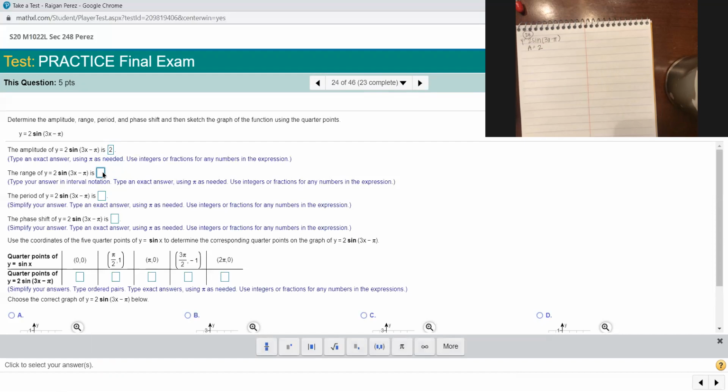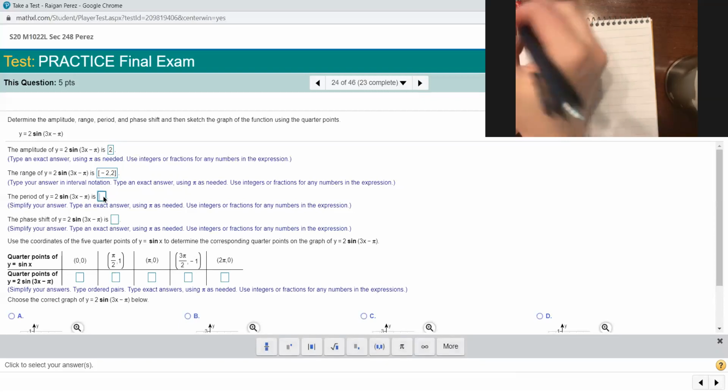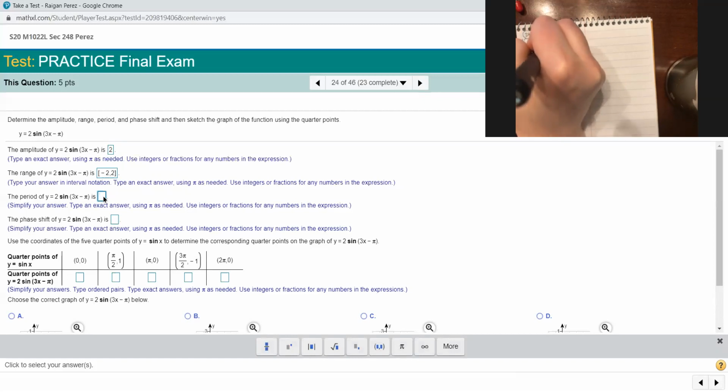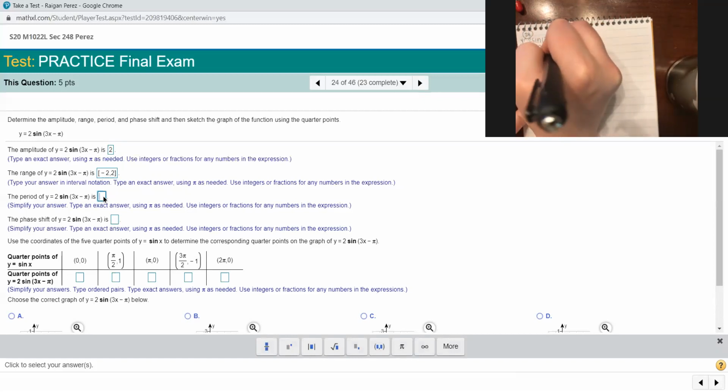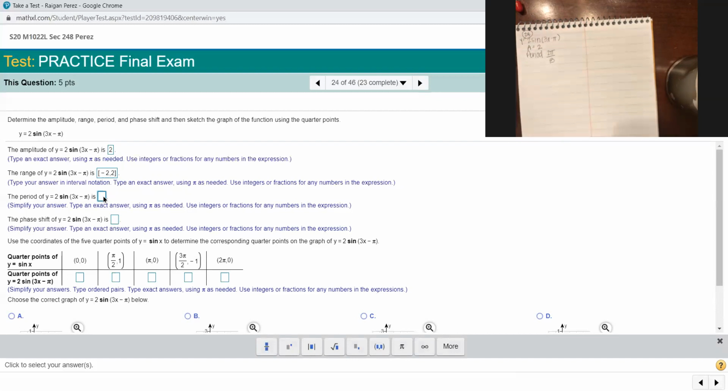The range is going to be -2 to 2, because you always use your amplitude. The period, so for period, you always use 2 pi divided by b. So for this problem, b is 3. So our period is 2 pi over 3.